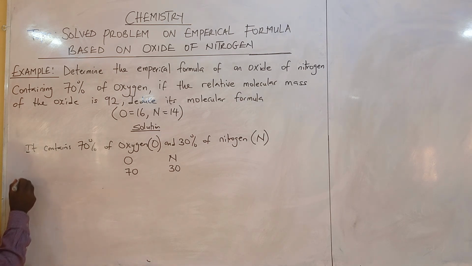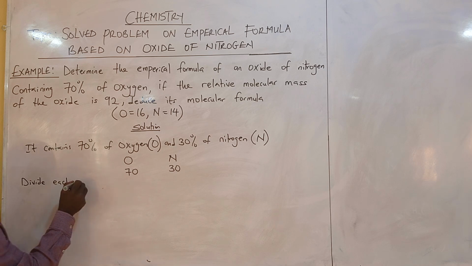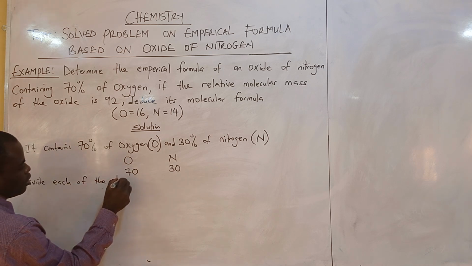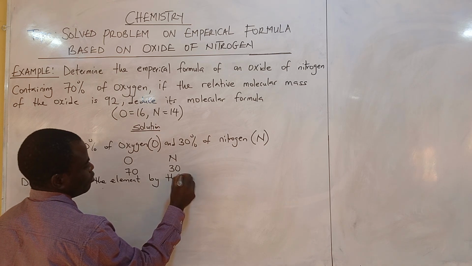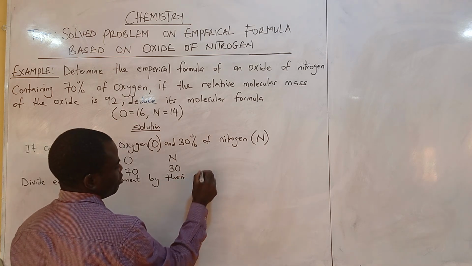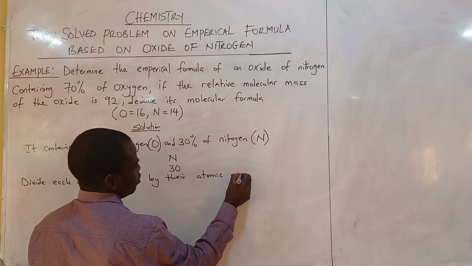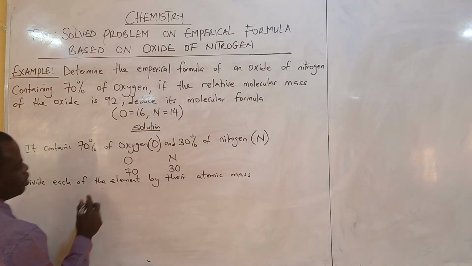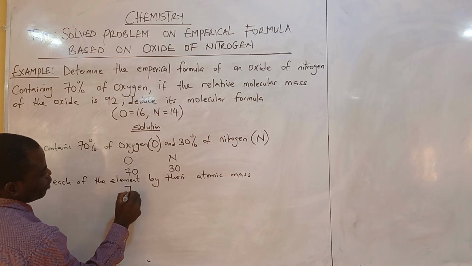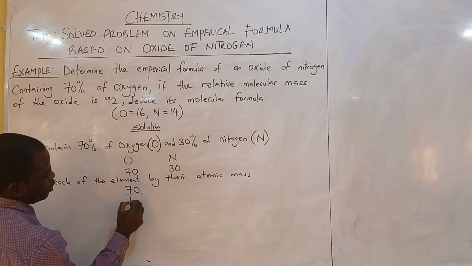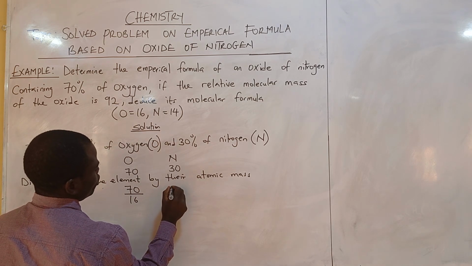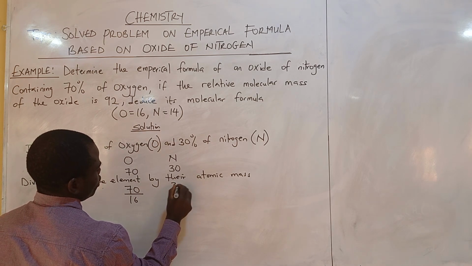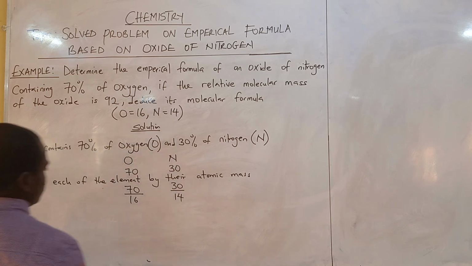The next thing to do is to divide each of the elements by their atomic mass, which is given to us. Now it's 70 for oxygen, 70 divided by 16, and also nitrogen 30 divided by 14.